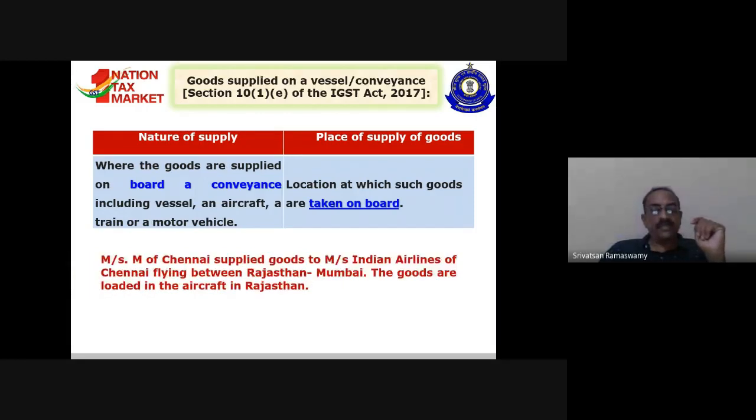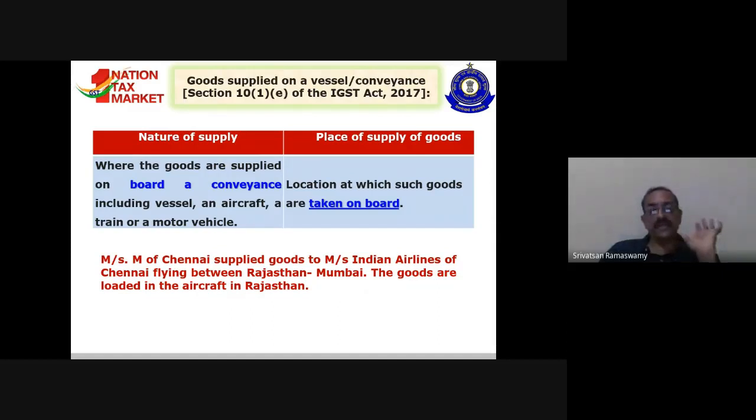Mrs. M of Chennai supplied goods to Indian Airlines of Chennai. So M is the supplier of goods, and the recipient is Indian Airlines. Both are located in Chennai, and Indian Airlines is making a flight between Rajasthan and Mumbai, which is outside the jurisdiction of Tamil Nadu.